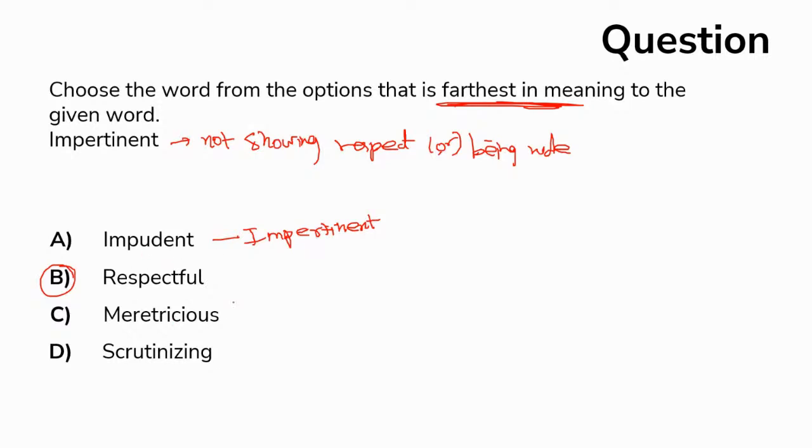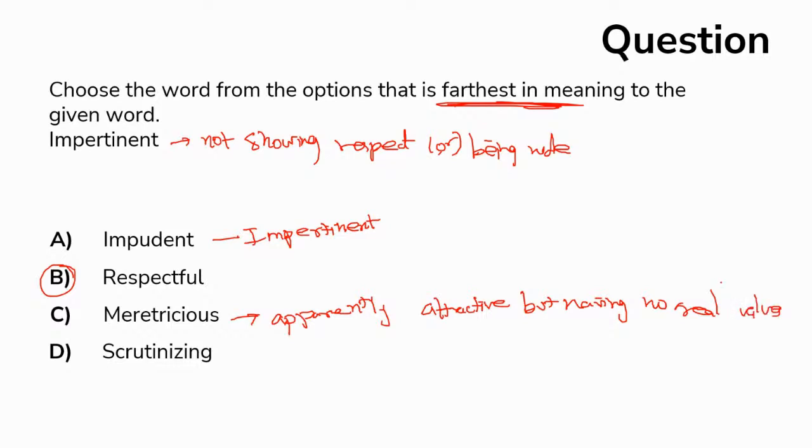And third option is meretricious. So meretricious is apparently attractive but having no real values. And last one is scrutinizing.